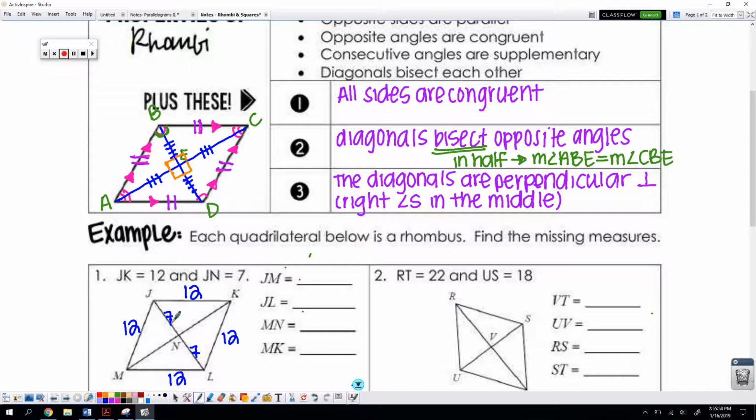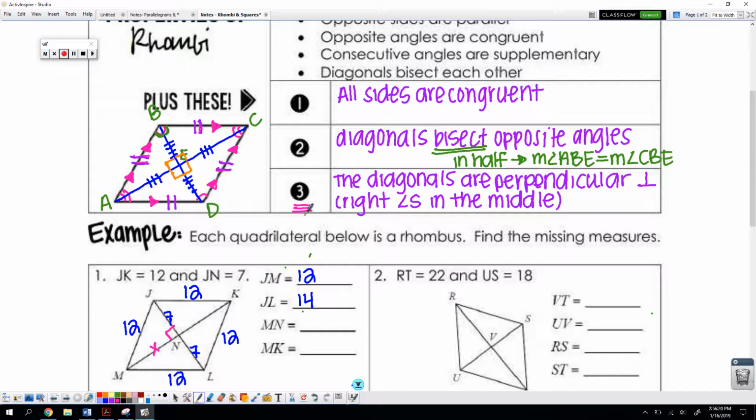It says JM is 12. We've already marked it. JL is 7 and 7, which gets us 14. MN, we don't know MN. How could you find MN? Well, yes, it's a right triangle because in number 3, right here, it says they're perpendicular.